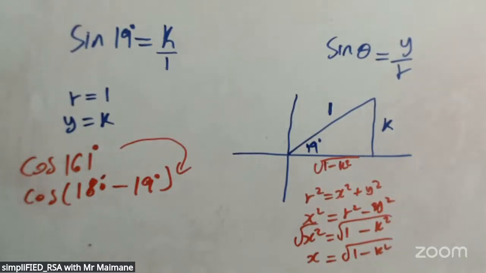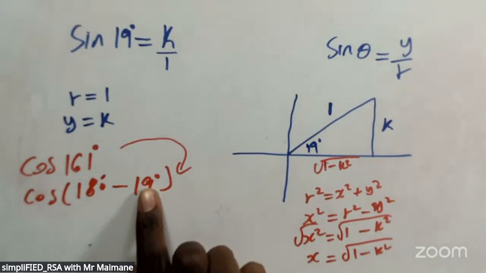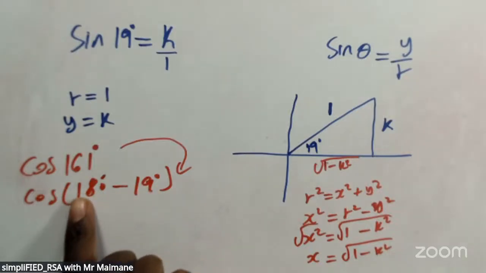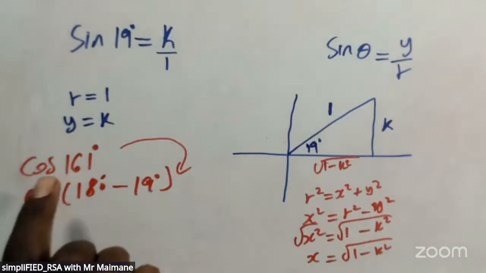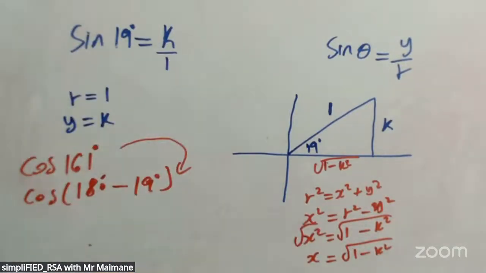It's either 180 minus, or sometimes 90 plus, or whatever it may be, but it will link you to the value based on the special angle that you have. You see that?